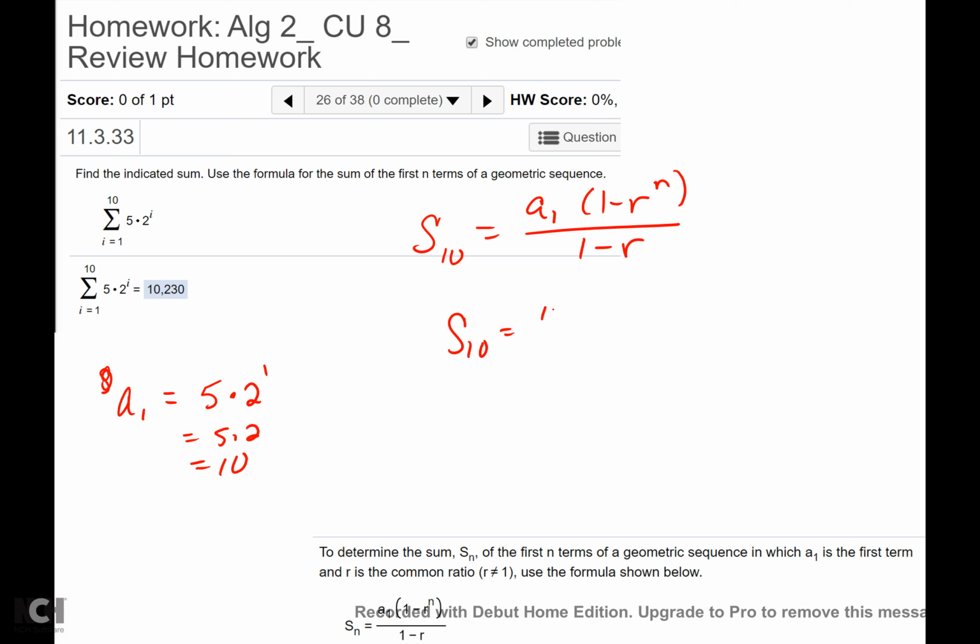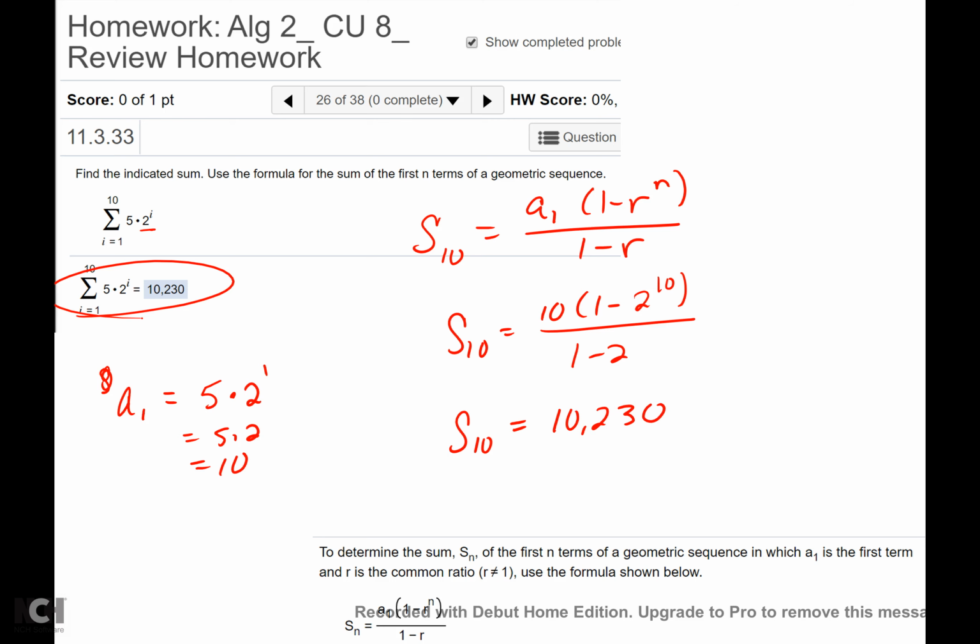So a sub 1 is 10. 1 minus the base of the exponent, your common ratio, to the 10th, all over 1 minus 2. So if I type that in, 1 minus 2 caret 10, enter, times 10, enter, divided by negative 1, enter, you get the sum of the first 10 is 10,230. Okay?